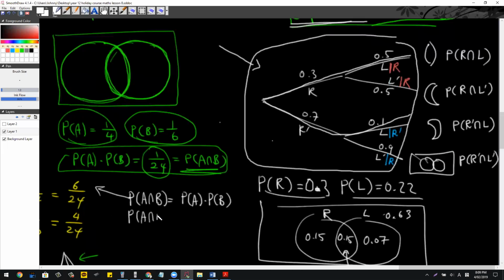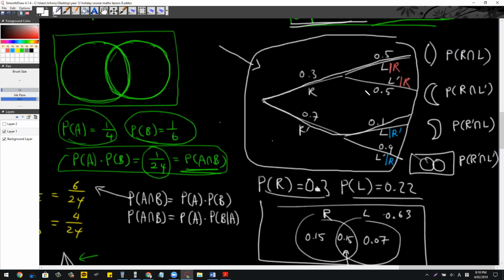Otherwise, probability of A and B is given by probability of A times probability of B given A. So R times L given R is P(R and L).